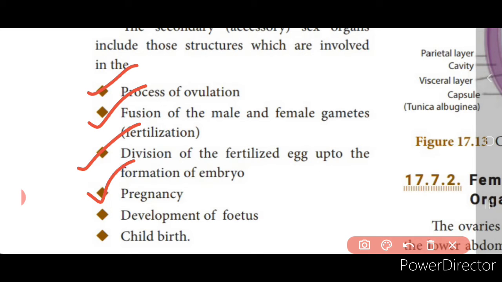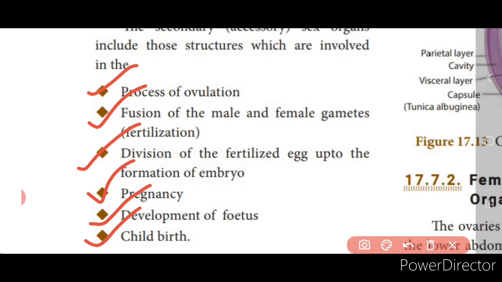Then is the pregnancy, the development of the fetus, that is the embryo inside the mother's womb. Next is the childbirth. So these are the processes of reproduction. Before going into the process of reproduction, we'll talk about the cells of the primary and the secondary reproductive organs in male and female and their role in reproduction.